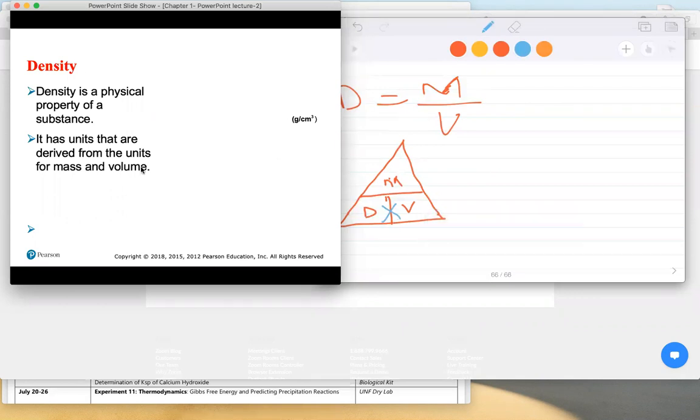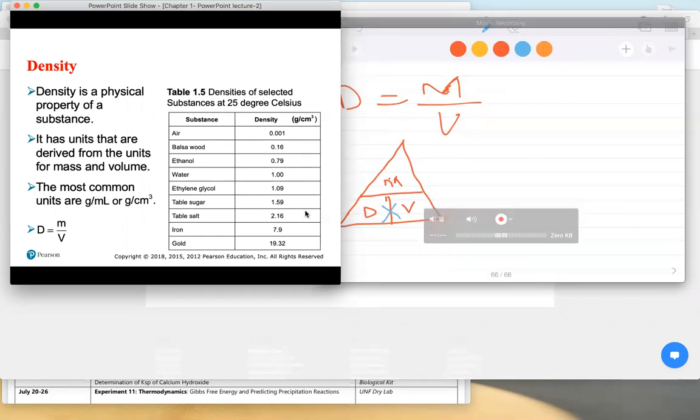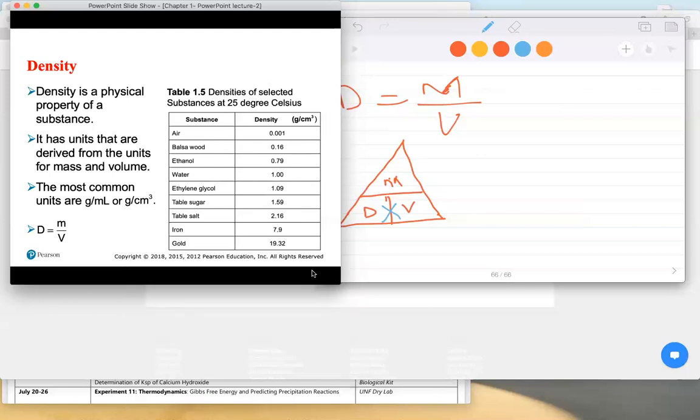These are the units used to express densities of common substances. You see here the substance and the density expressed in grams per cubic centimeter.